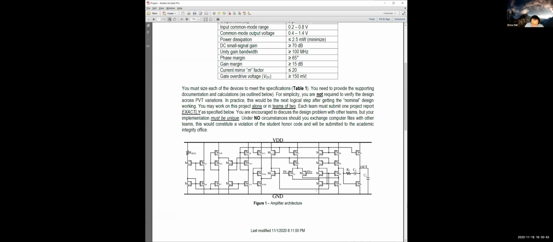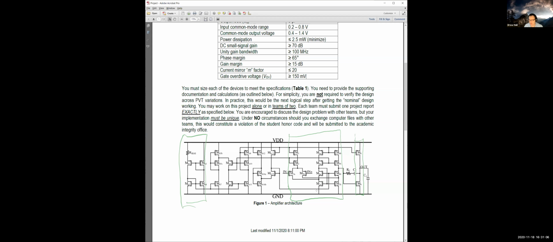And so when I say that, what I really mean is that we've talked about this. This is a folded cascode amplifier. We know how to analyze that. This is a common source amplifier. We know how to analyze that. This is a constant gm.